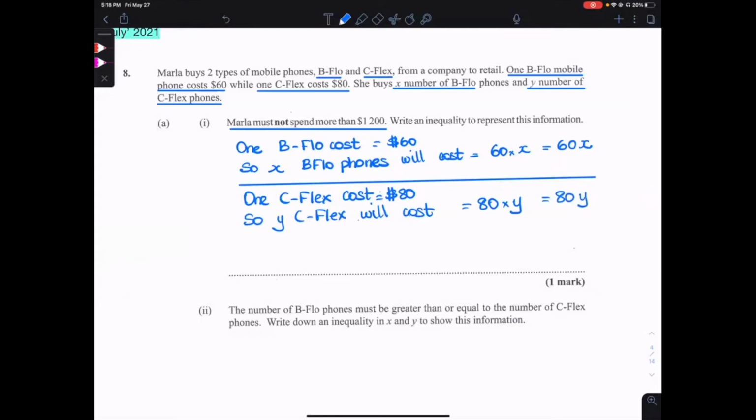Because if it was one phone, she would have spent $80. If it were two phones, she would spend 80 by 2. If it were three phones, she would spend 80 by 3. So the inequality that we want is 60X plus 80Y, and she must not spend $1,200.